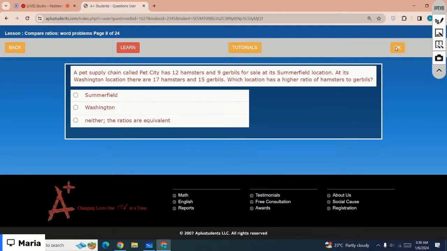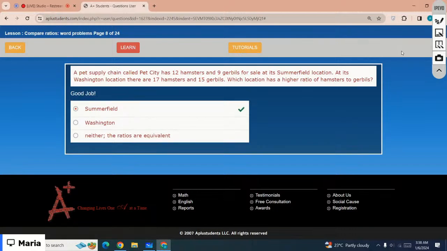Just divide them and convert them into percentage form and see which is the correct option. The correct option is Summerfield.